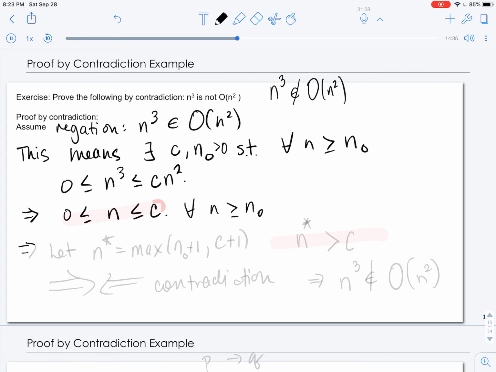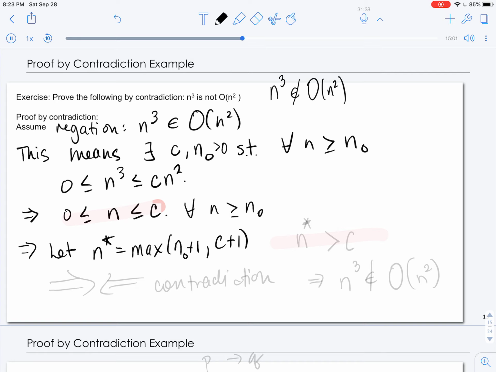So let us consider a specific value that would show that this inequality cannot be true. Let's let our n star equal the max of n naught plus 1 and the constant plus 1. Why did we choose n star to be this?